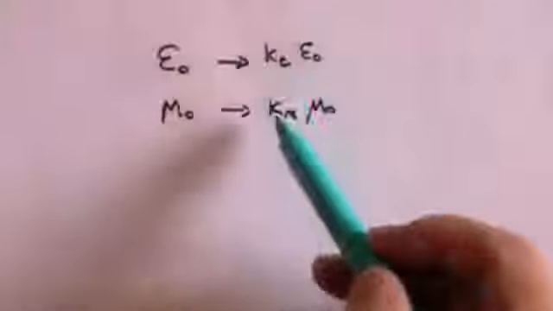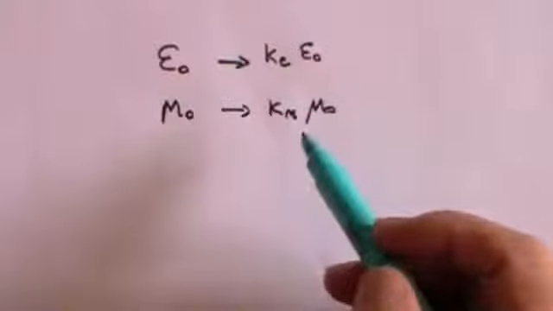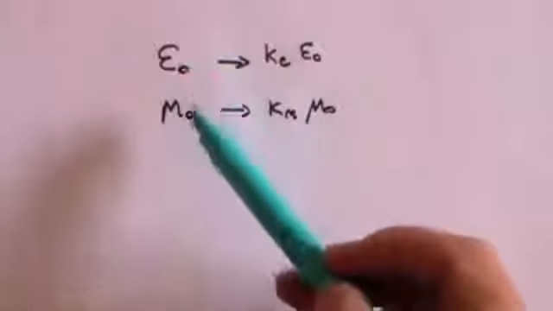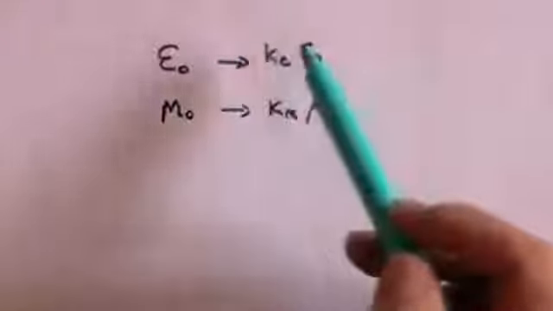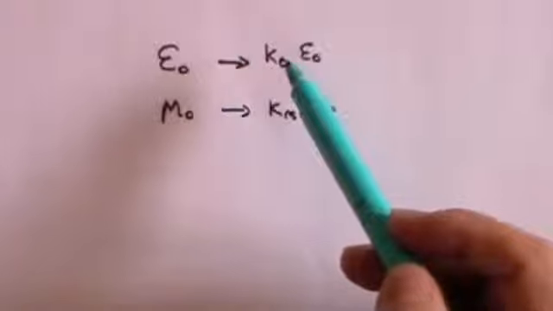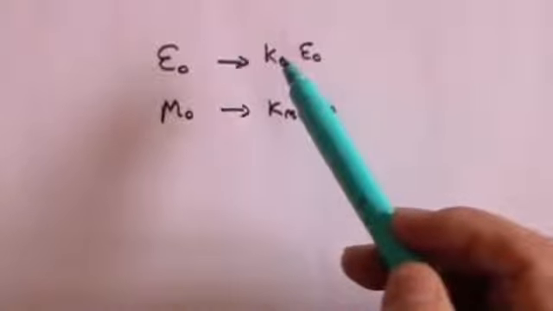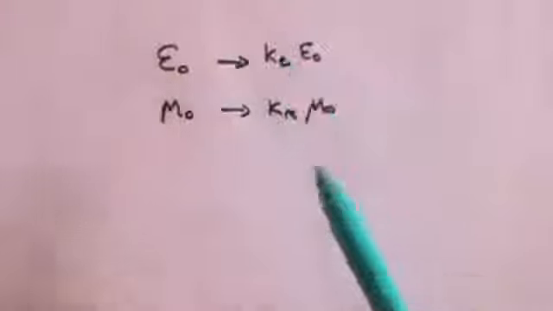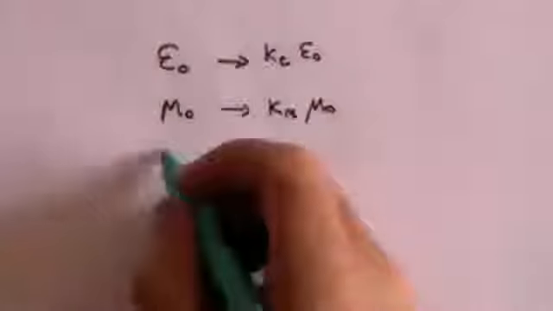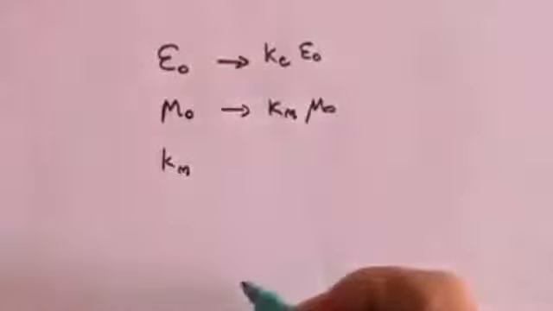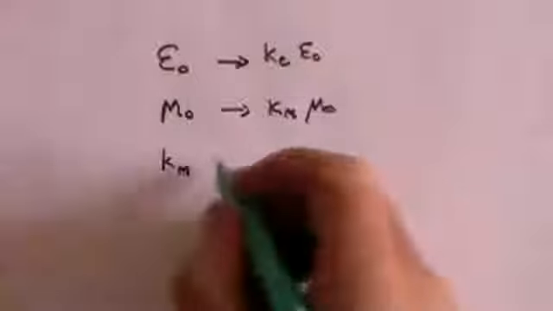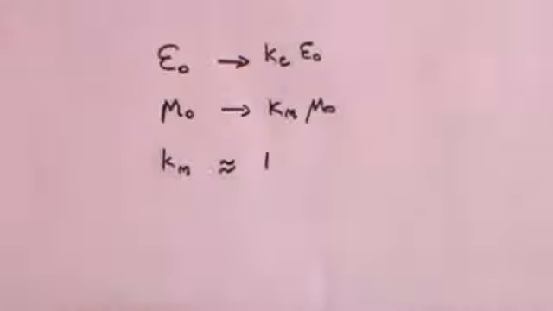And Ke and Km are essentially the coefficients which modify these values in free space for their values in the dielectric, such as, for example, water or glass. And I can tell you that Km, that is the coefficient for permeability, is equal to 1 for all dielectrics.